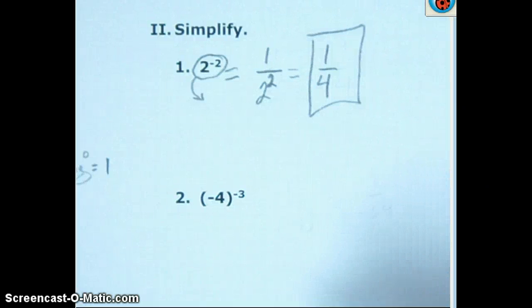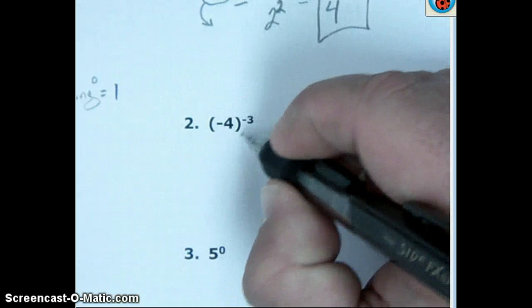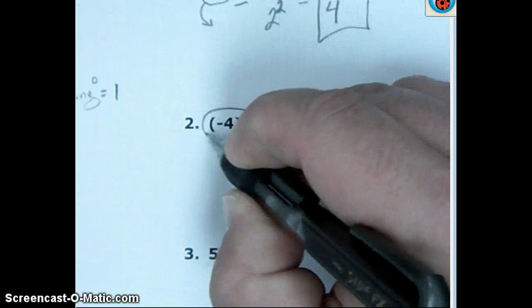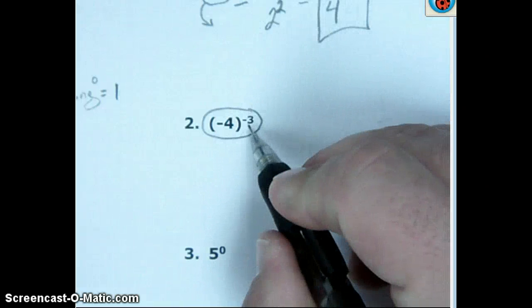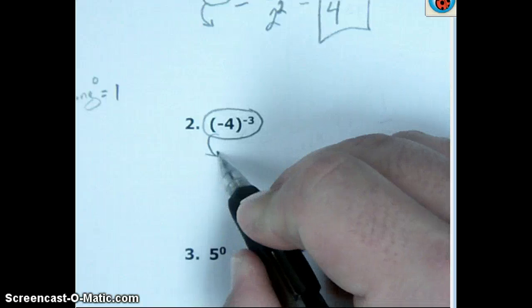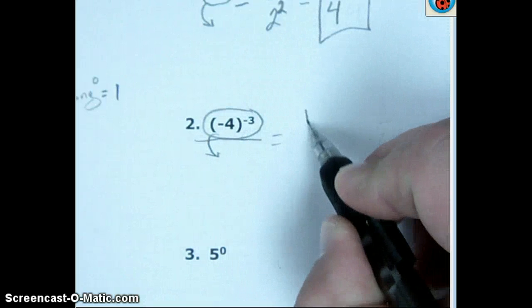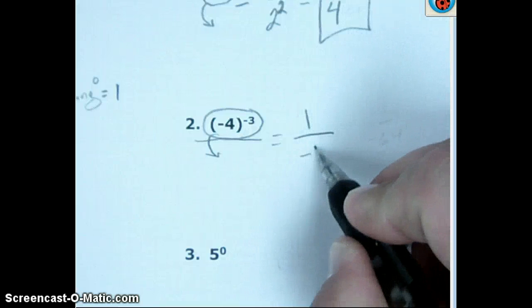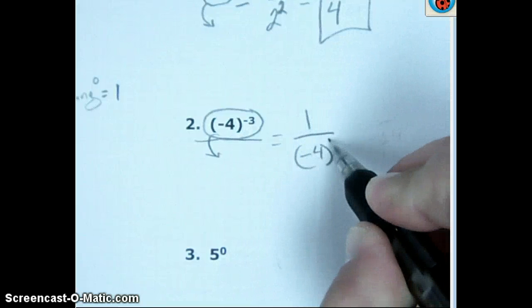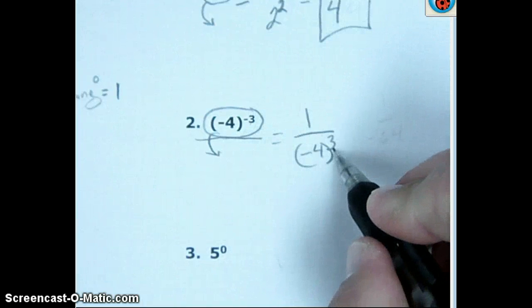All right, what about question number 2? Question number 2 has negative 4 in parentheses to the negative 3. Well, this whole thing right here is a negative exponent, and it has a negative exponent power. Well, it goes down in the basement. All right, so let's flip this fraction around. 1 over negative 4 in parentheses, and now that negative 3 exponent can change to a positive exponent.